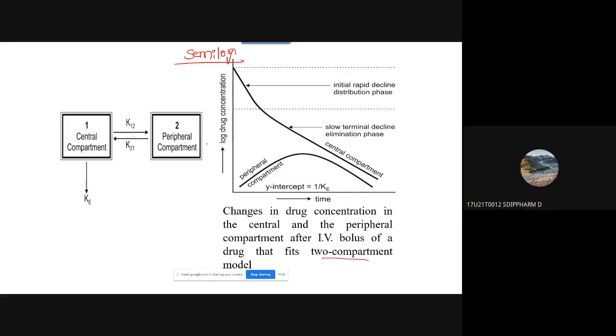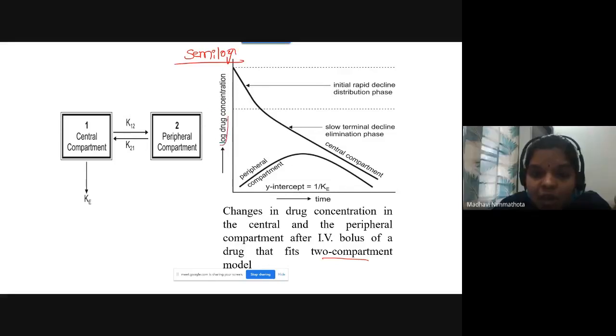That's why we are directly taking log drug concentration values. In a Cartesian graph, in normal graphs, we take only the concentration values, right? In a semi-logarithmic graph, we directly take log drug concentration values. And then the graph will be like this.